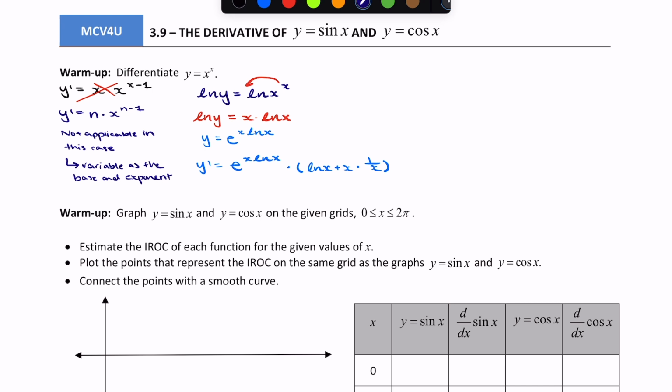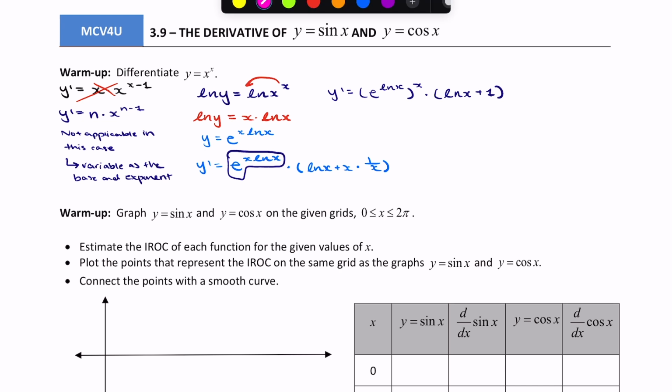And here we understood, again, that y was equal to e to the power of x ln x. So if we look at this here, we know that y is also equal to x to the power of x. So here we can rewrite this as y prime is equal to e to the power of x ln x times ln x plus 1.